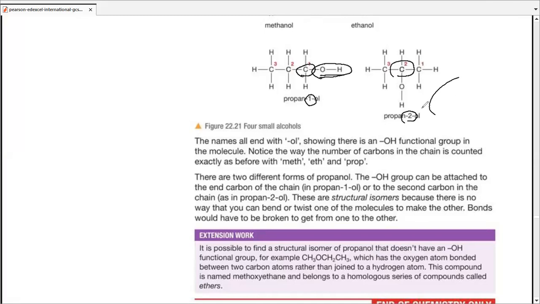Get the point? So moving the functional group from the corner carbon to the center carbon, and from the center carbon to a corner carbon is a pretty good way of coming up with a new isomer of the compound. Make sense? Yeah. Okay, good.